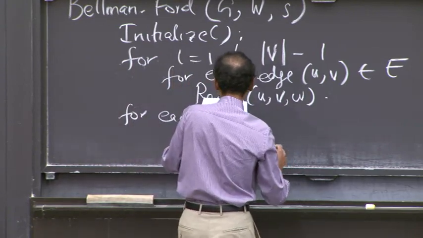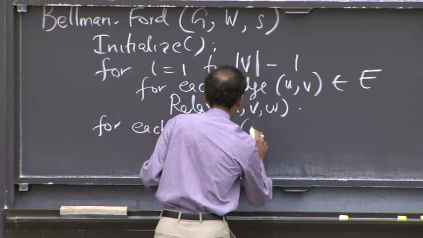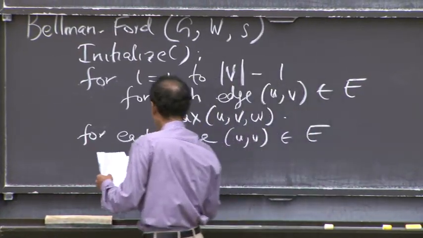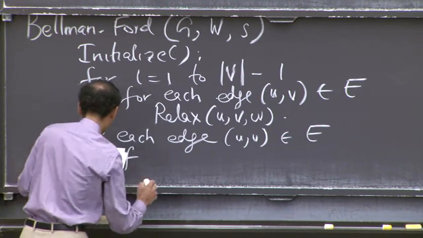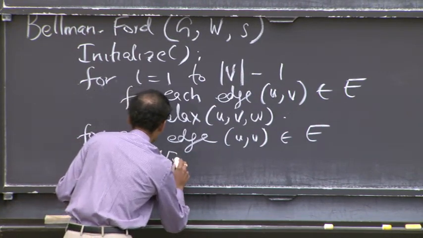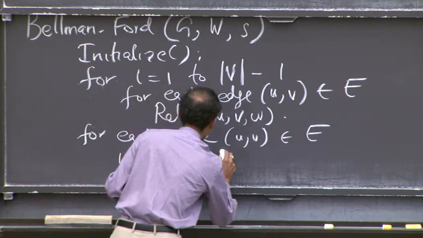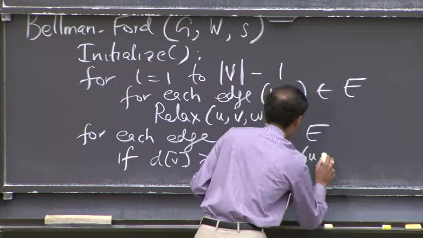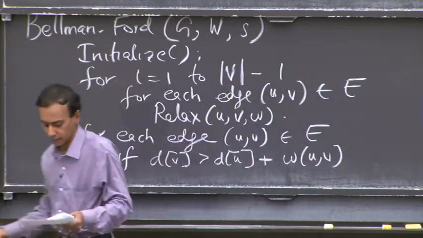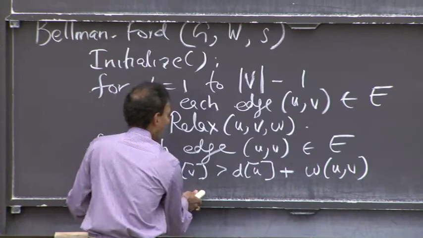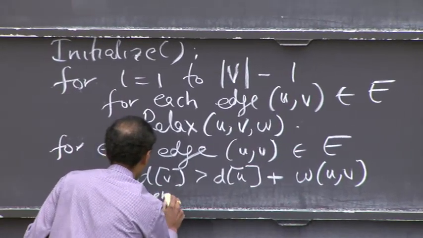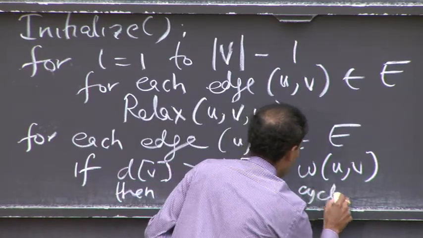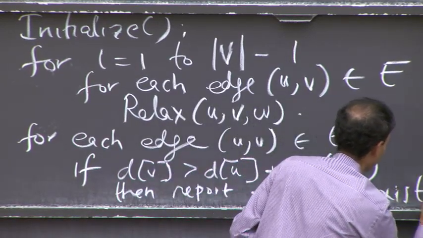So the Vth pass, where V is the number of vertices, over the graph. For each edge in the graph, if you do one more relaxation and you see that d_v is greater than d_u plus w(u,v), so you're not doing a relaxation, you're doing a check to see if you can relax the edge, then report a negative cycle exists.